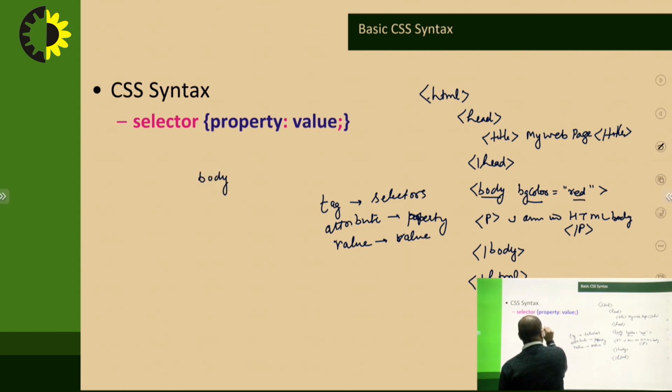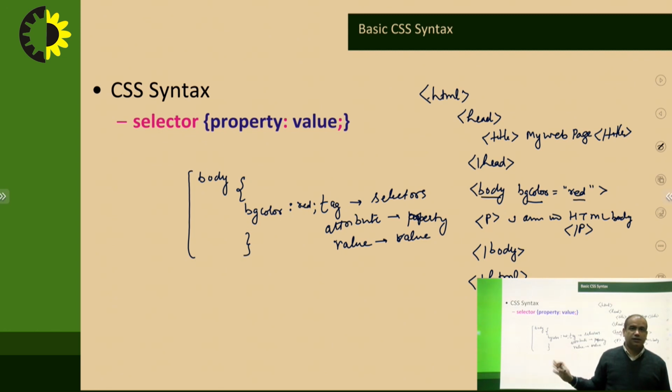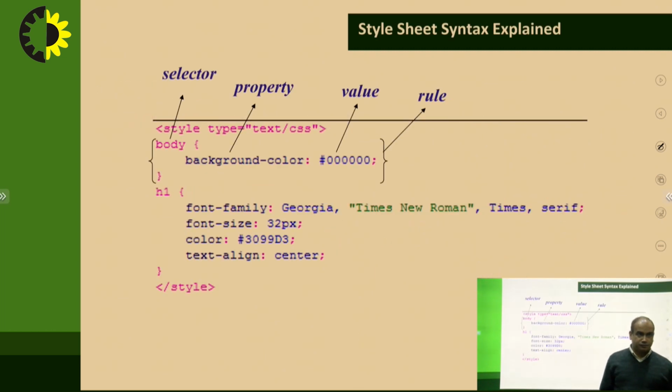I will write body, then a curly bracket starts. The attribute here in CSS becomes a property, so I will write bgcolor, next a colon, and a semicolon is there. In CSS, that particular thing is known as a rule. We define a rule within a selector. So that code is explained here.